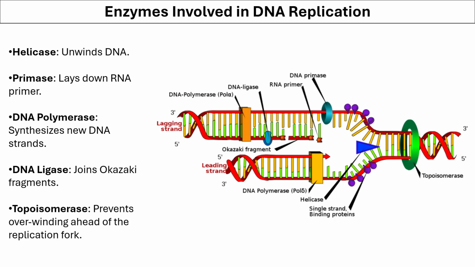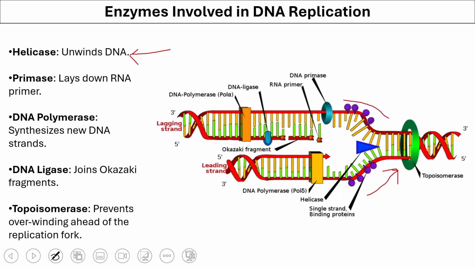Now let's have a quick review of the important enzymes involved in DNA replication. We talked about helicase, which opens the two strands and unwinds them. Then there is primase, which builds a small fragment of RNA primer. Once the RNA primer is built, DNA polymerase can come and polymerize the nucleotides to synthesize the DNA strand.